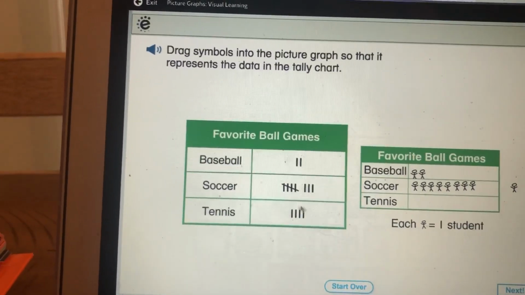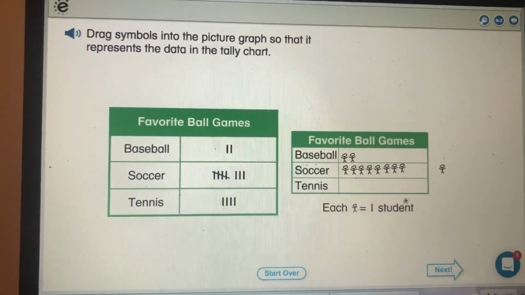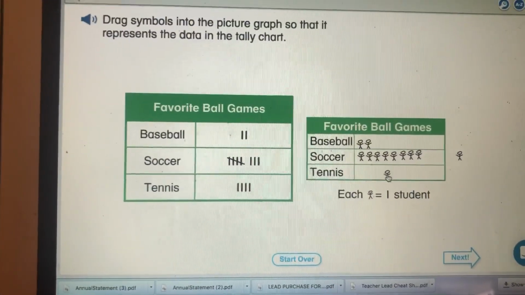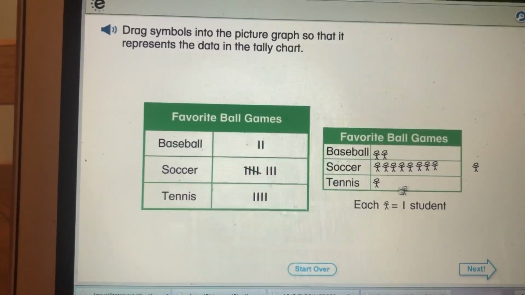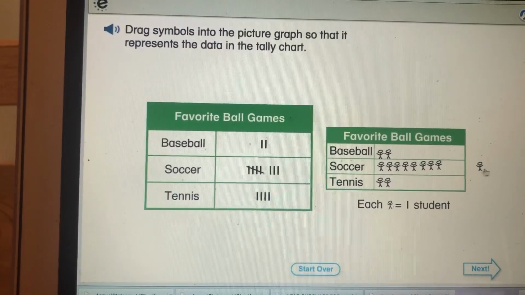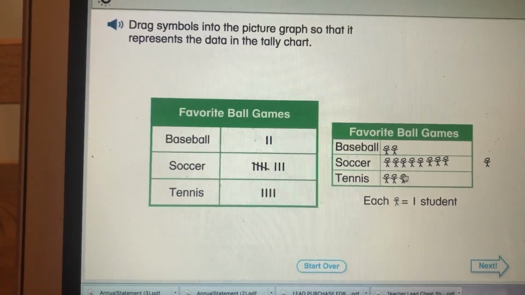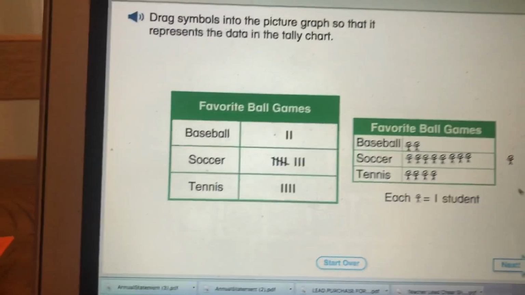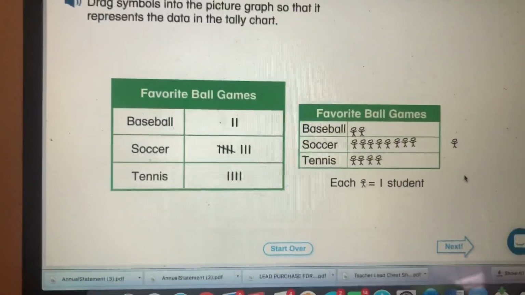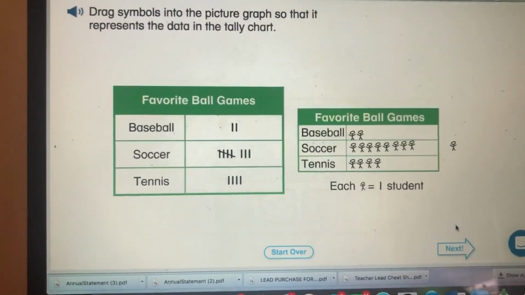All right, and then there's 4 that like tennis. So we'll go 1, again, try to line them up. 2, 3, 4. All right, that's how a picture graph would look.